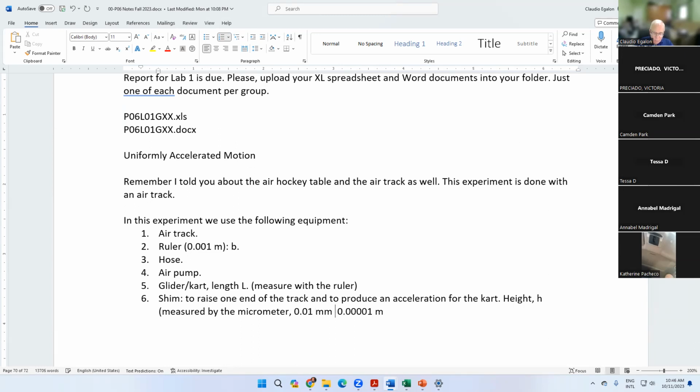That's the role of the shim, to raise one end of the track and impart an acceleration to the cart. The shim has a height H, it's measured by the micrometer.